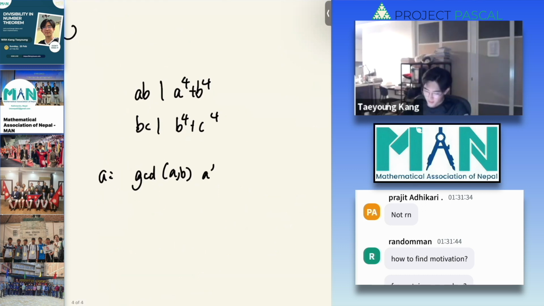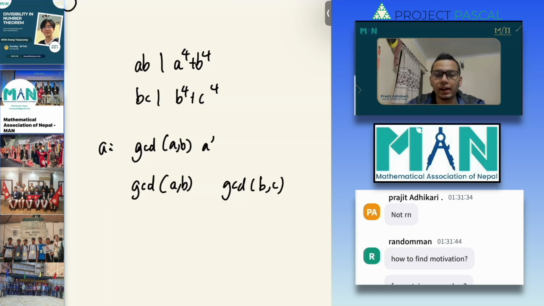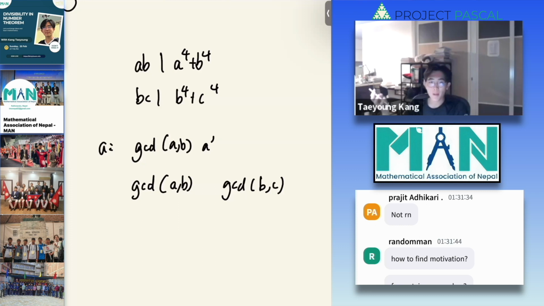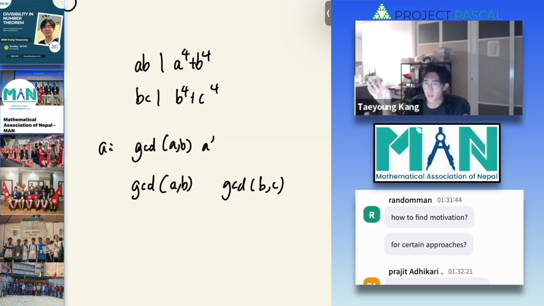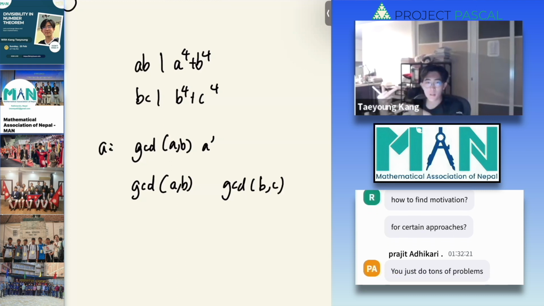The problem with this is that the GCD of AB and the GCD of BC, these two things don't have to be coprime. They can share a common factor. And that is problematic because we want to be able to express A, B, and C as a combination of coprime factors.